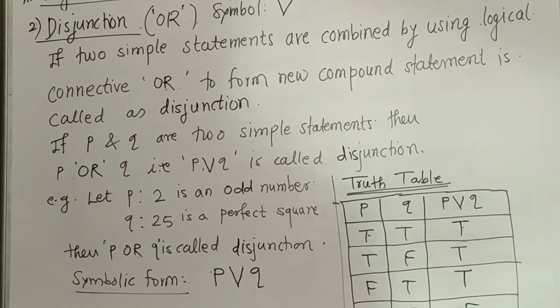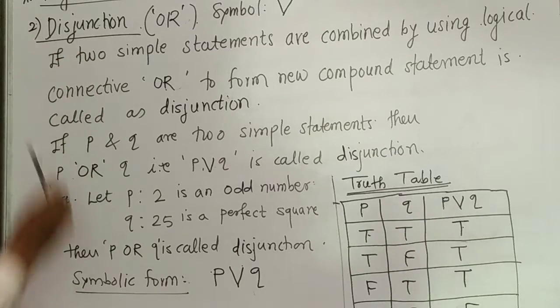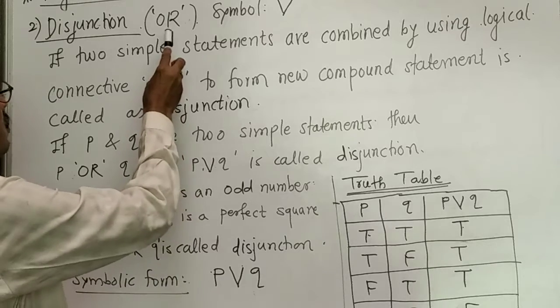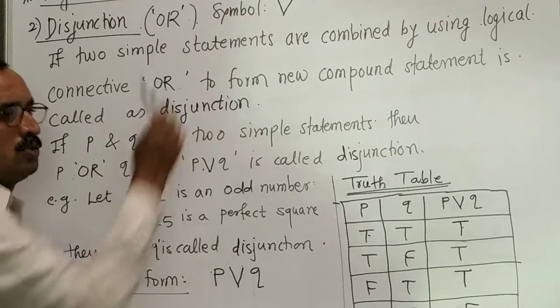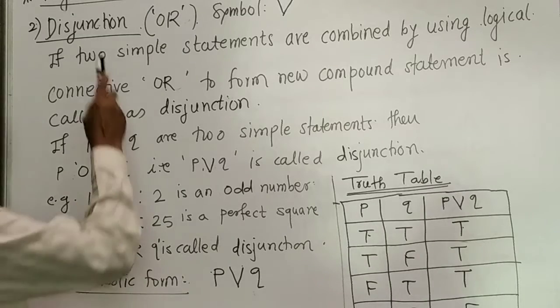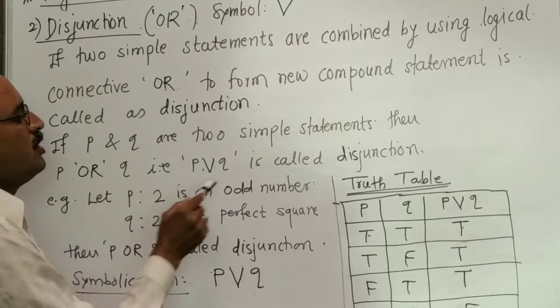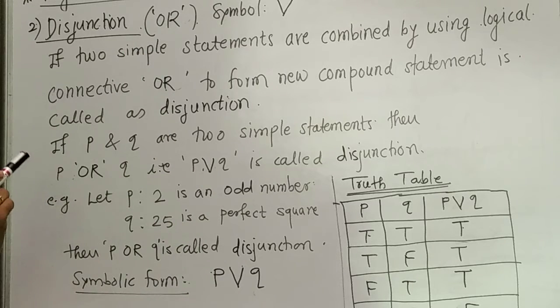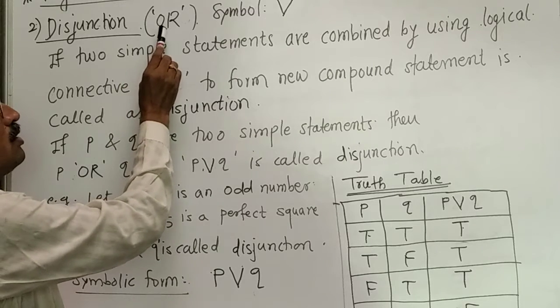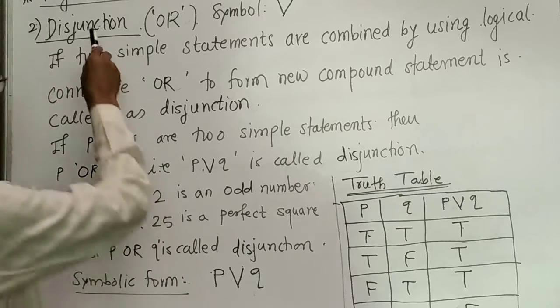Now we consider the second logical connective, disjunction. It is an OR statement, and the symbol is ∨. Disjunction means when we combine two simple statements by using the logical connective OR, we get a new compound statement called disjunction.